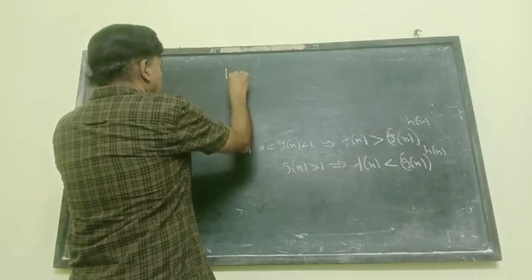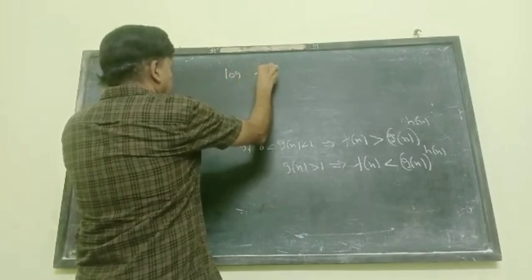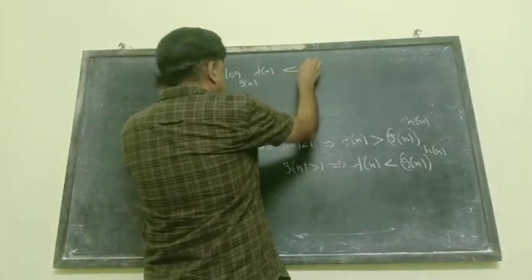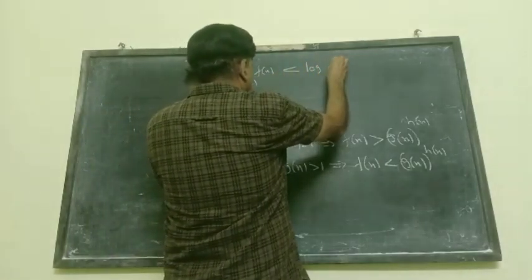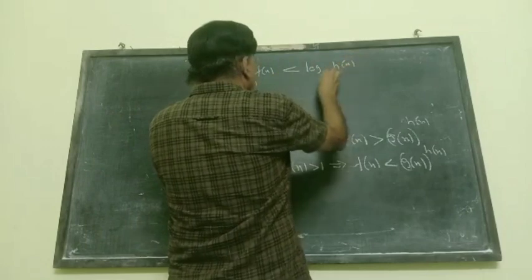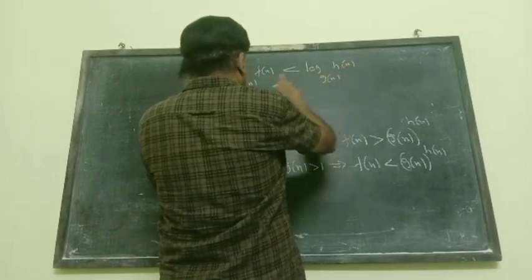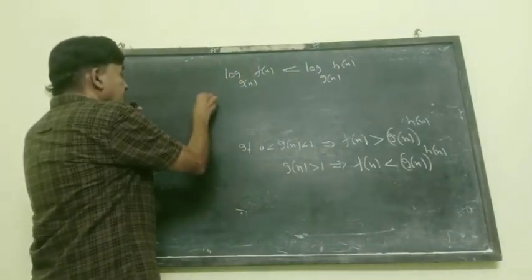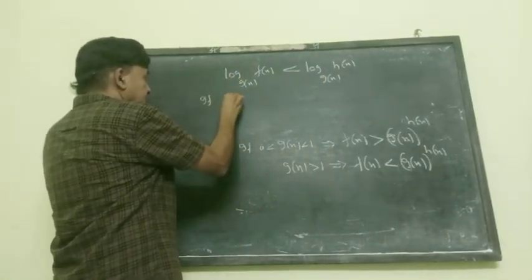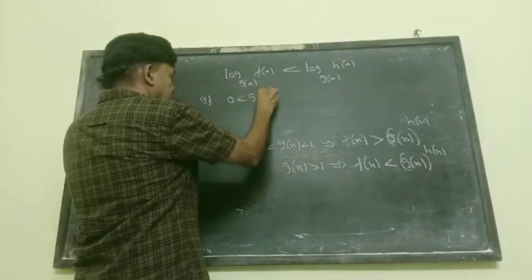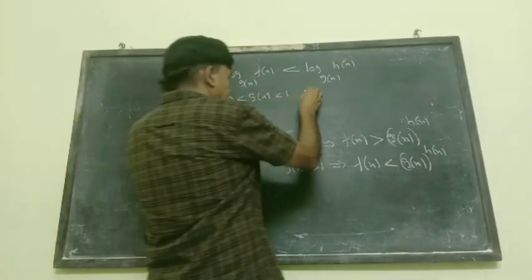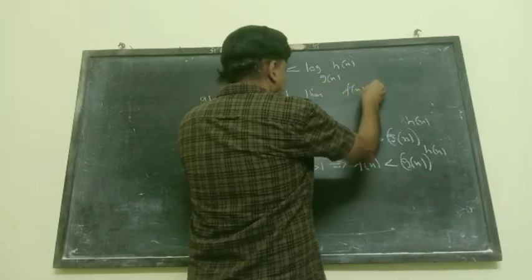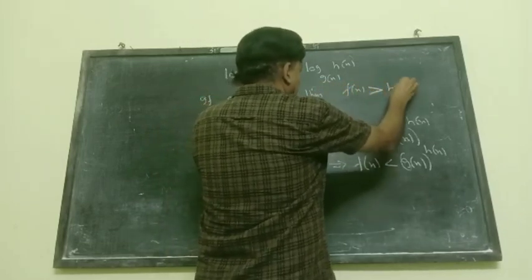Log of f of x to base g of x, let us say, less than log h of x to base g of x. So base is same. Then if 0 less than g of x less than 1, then f of x is greater than h of x.